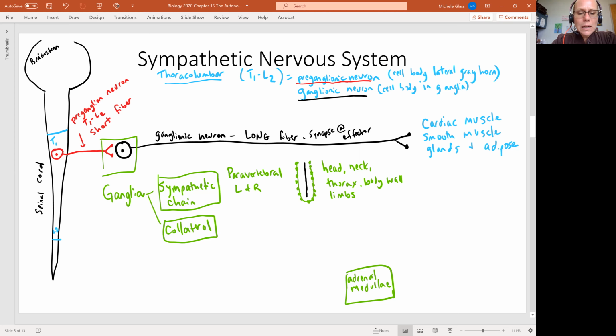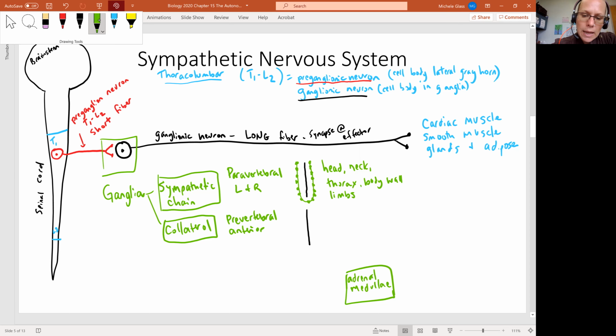When we talk about the collateral ganglia, we can call this pre-vertebral if we want. And what we're going to see is it's actually anterior to the spinal cord, so it's in the front. So if I take my black line again and draw another vertical line, I'm going to take my green and put a green dot in front of that black line, and I'm going to do 3 of these.